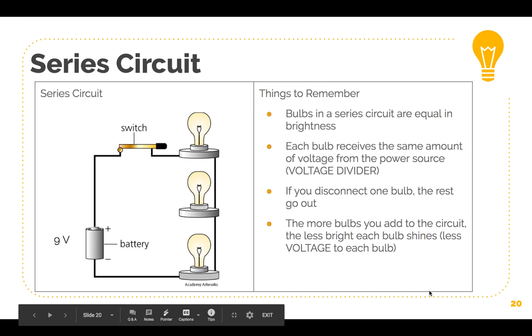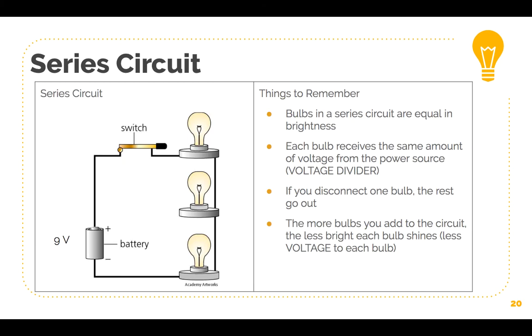And the more bulbs you add to the circuit, the less bright each bulb shines, because there's less voltage to each bulb, because the total voltage of the battery or the power source is being further divided.